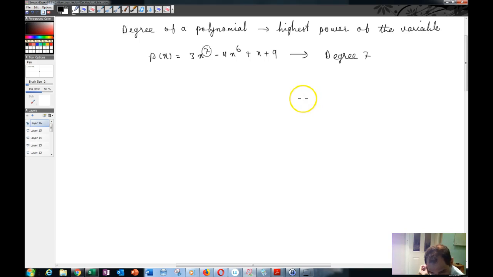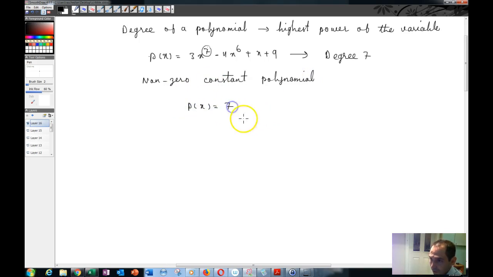And also the degree of a non-zero constant polynomial. For example, let's say that you have a polynomial p of x is equal to 7. This is a non-zero constant polynomial.